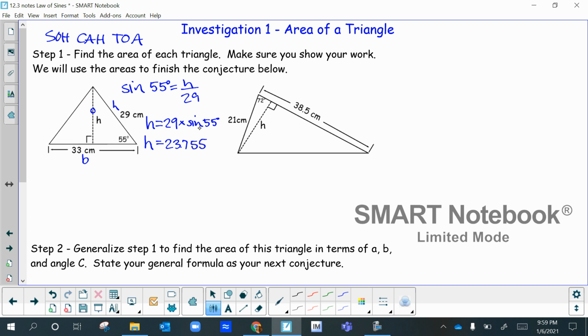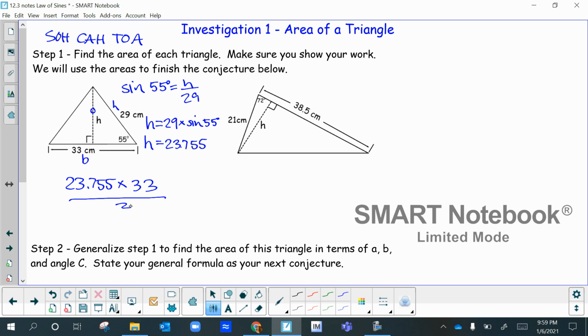And then what am I going to do with this number? So I'm going to take the height, which is 23.755, and I'm going to times it by the base, which is 33. And then don't forget, you're going to divide by 2.